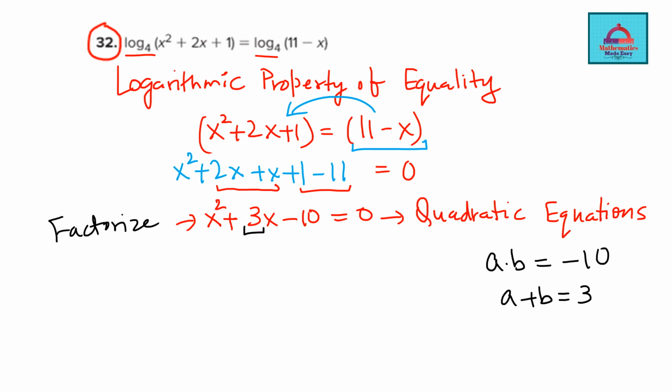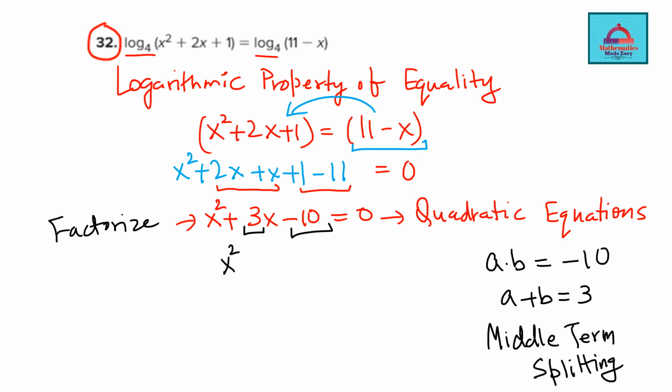This method is called middle term splitting. We've done a lot on factorization, so I will not go into much detail. But when you do the middle term splitting, you find the factors of negative 10. And definitely because of the negative sign, one factor will be positive, one will be negative. So what are the two such numbers?